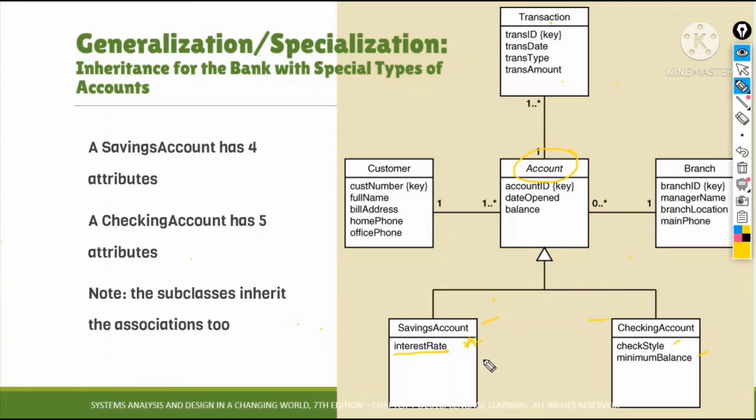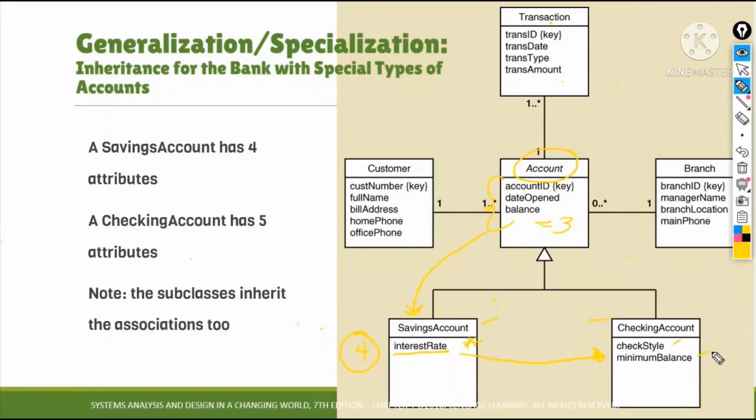These are special attributes because they are not present in the other subclass. They are only for that subclass alone. A savings account has 4 attributes because it inherits 3 attributes from the abstract class account. The account class has 3 attributes, and the savings account class has 1 special attribute, so 4 in total.